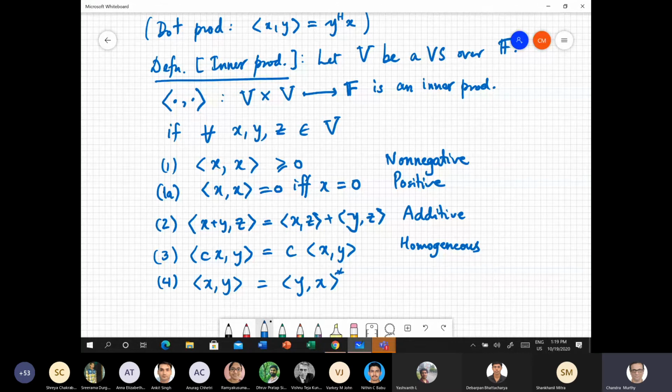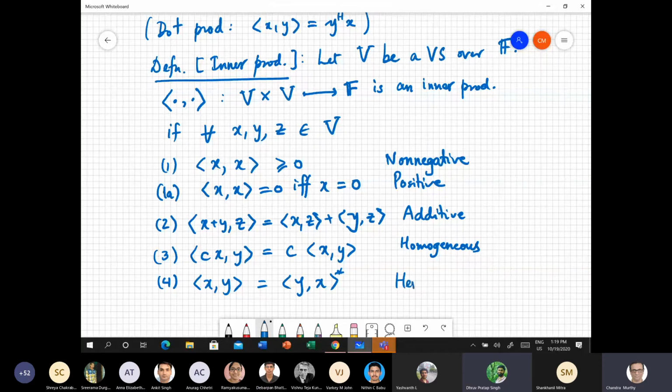So if you exchange the arguments, then what you get is the complex conjugate of the inner product. So this is the formal definition of an inner product. Any function that maps V cross V to F is an inner product if it satisfies these properties.